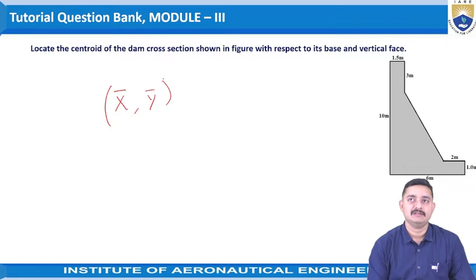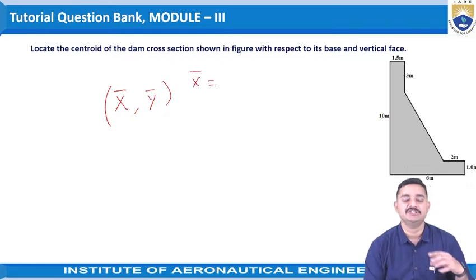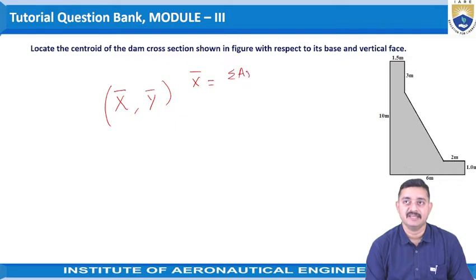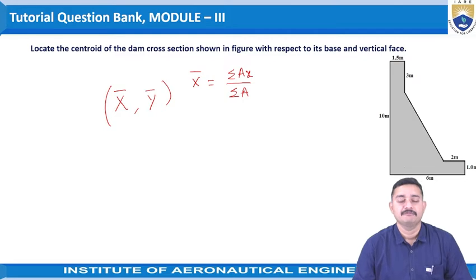And the formula to identify this centroid will be for each individual coordinate, that is for x coordinate of the centroid, we are going to take the formula as sigma ax by sigma a, wherein a is the area of that particular part or the object.